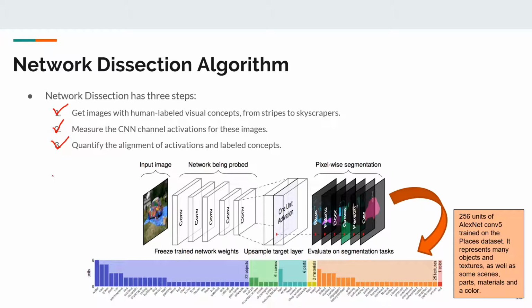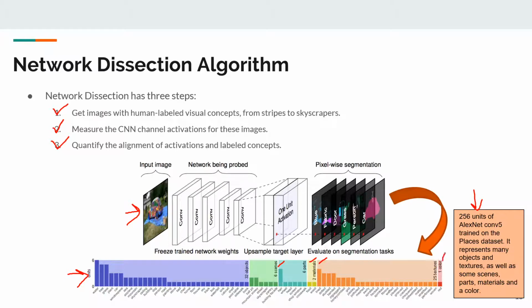In the figure, we can see how an image is forwarded to a channel and matched with the label concept. In this example figure, we also show the 256 units of AlexNet Conv5 trained on the Places dataset. It represents many objects and textures, as well as some scenes, parts, materials, and a color.